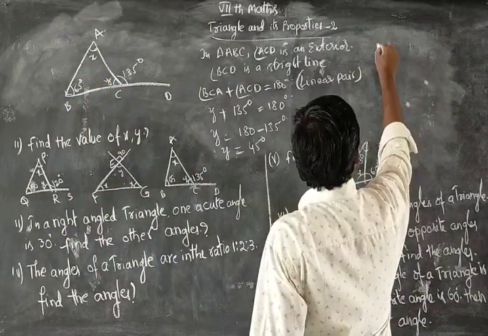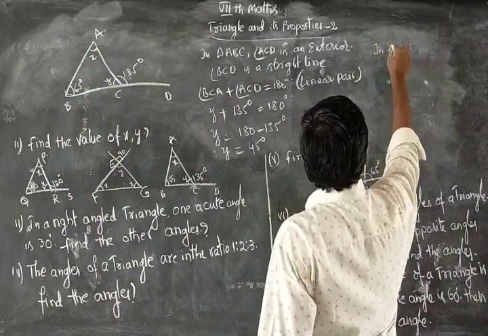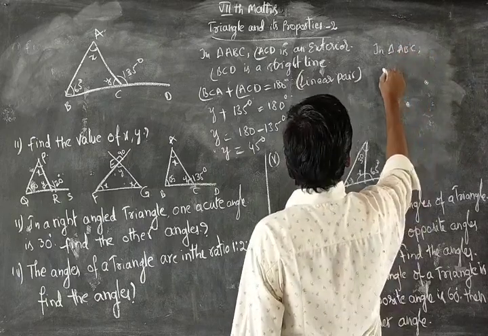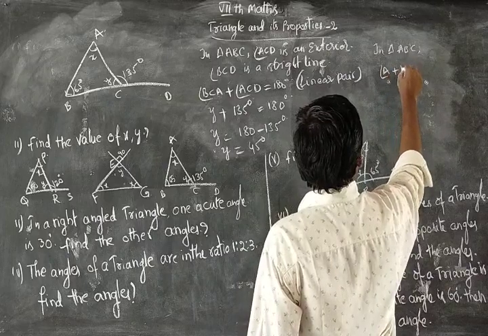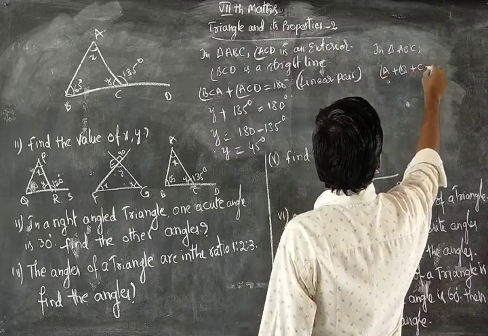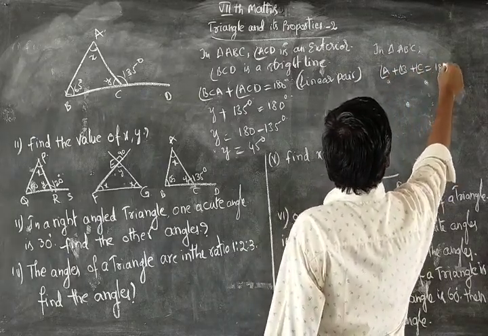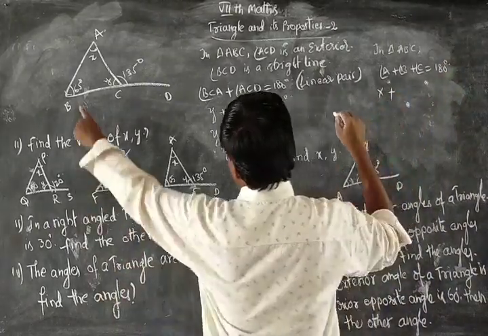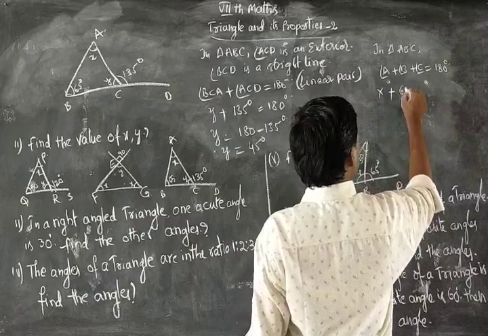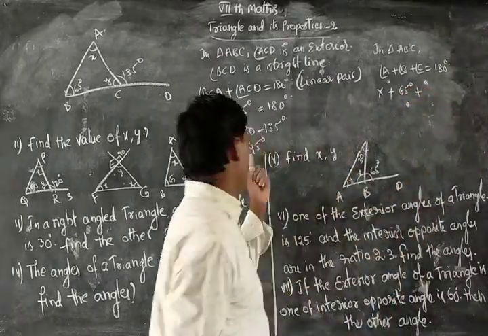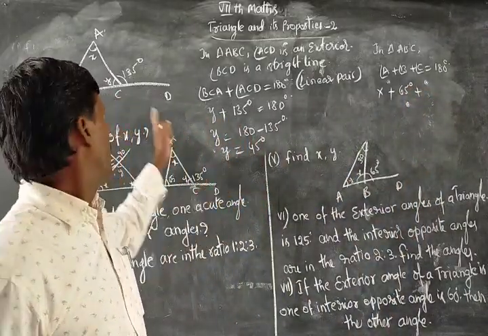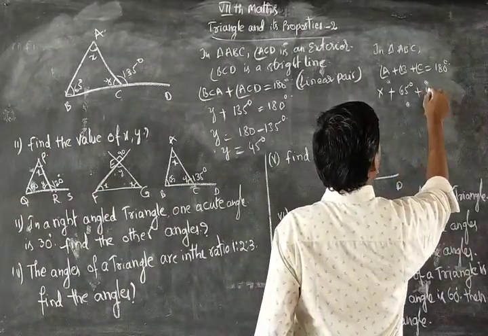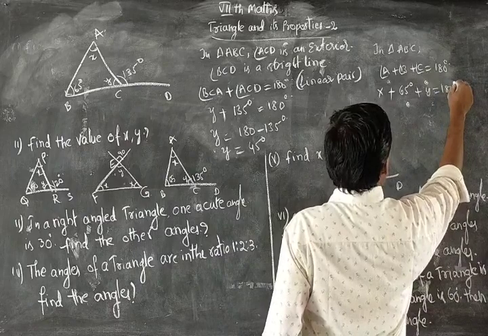So in triangle ABC, the sum of the angles, angle A plus angle B plus angle C, is equal to 180 degrees. Angle A is x, angle B is 65 degrees, angle C is y degrees.